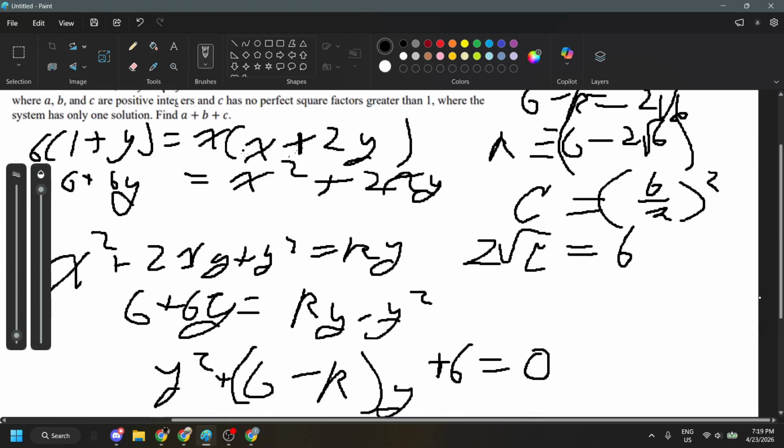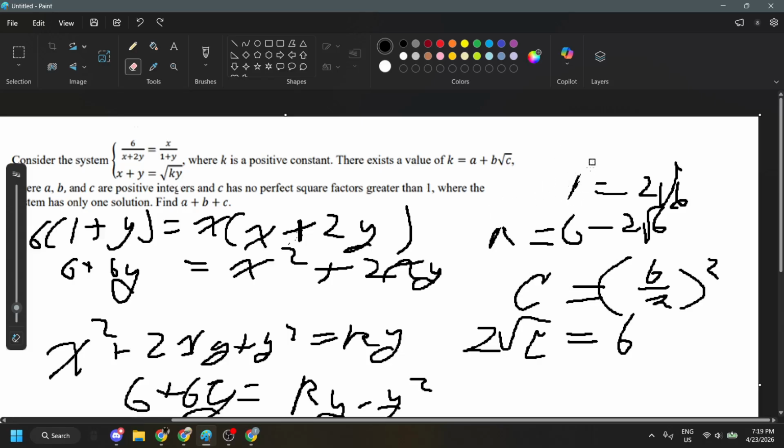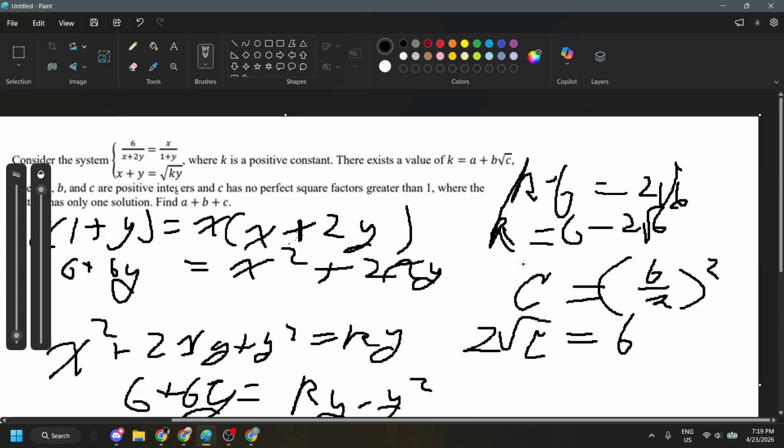This middle thing, we're going to swap these two around. K minus 6. K minus 6. So this, 6 plus 2 root 6, I think this should work.